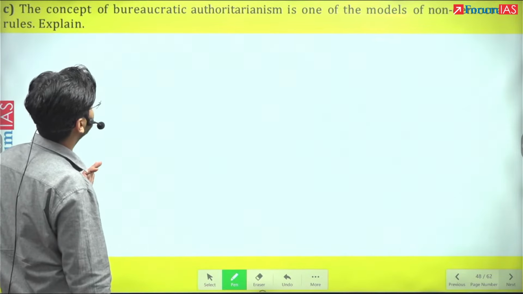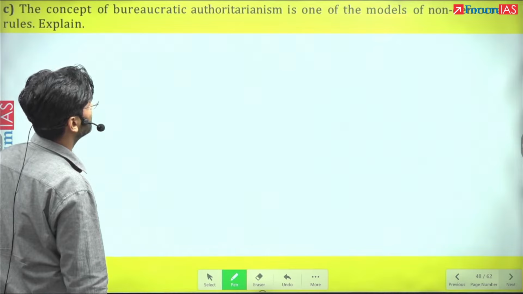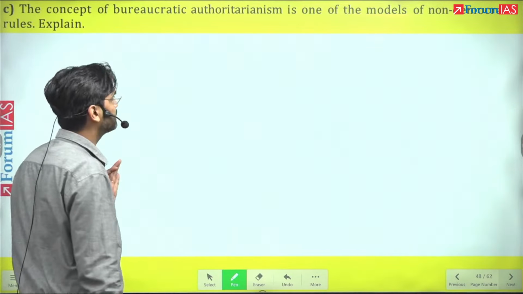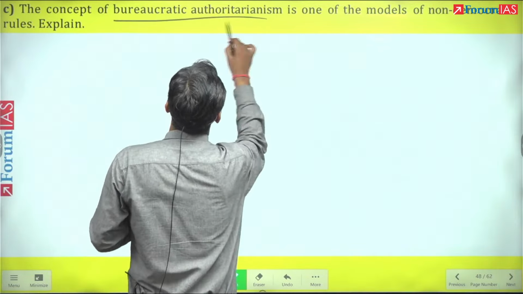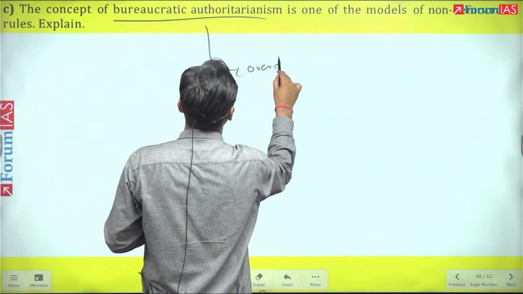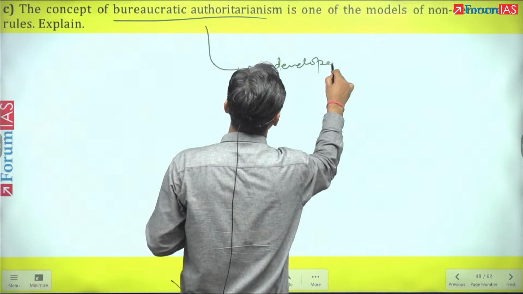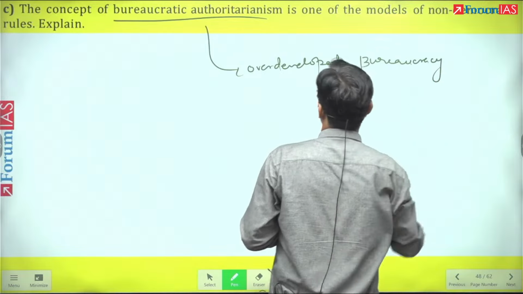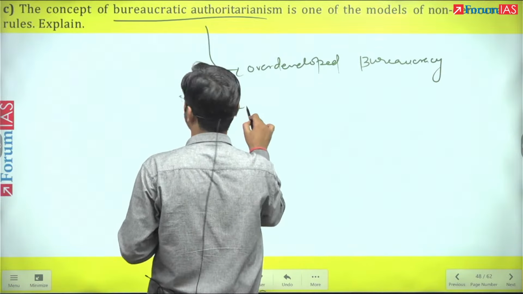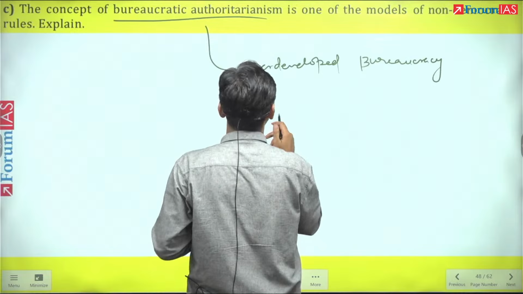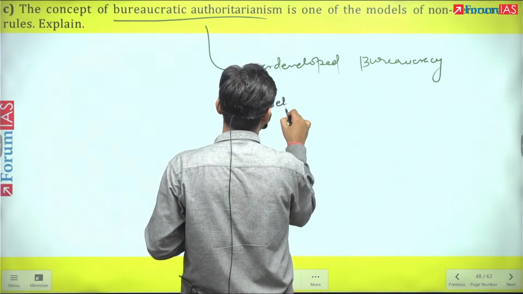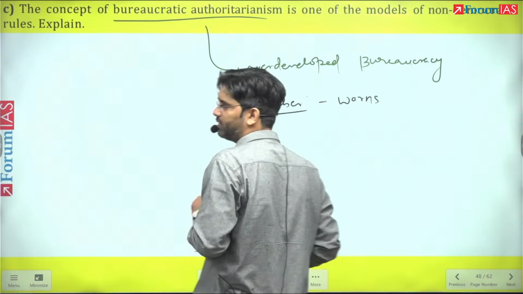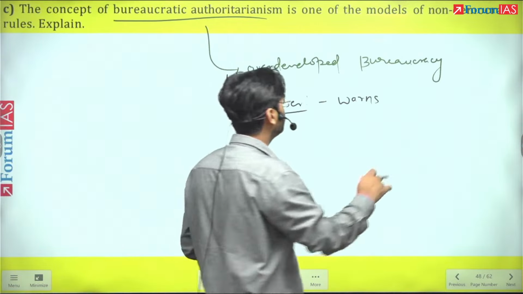The concept of bureaucratic authoritarianism is one of the models of non-democratic rules. Explain. Okay, so we saw the concept of overdeveloped bureaucracy. Then even Weber also warns us against bureaucratic despotism.